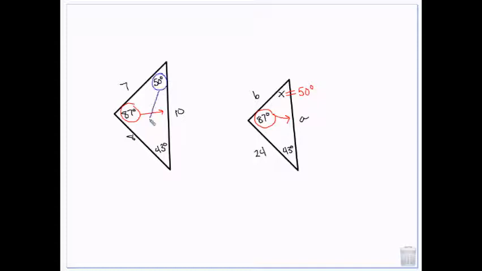I have 50 is across from 8, and 50 is across from 24. And 43 is across from 7, and 43 is across from B. So that's the ones that correspond.